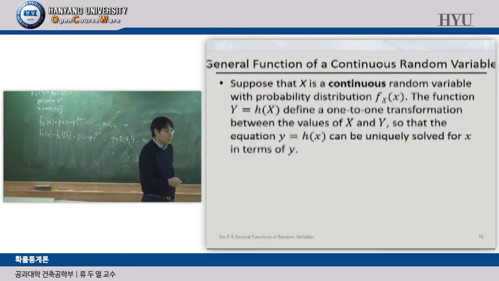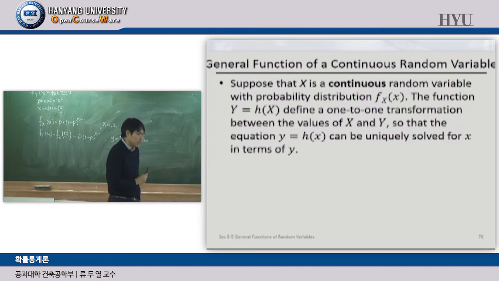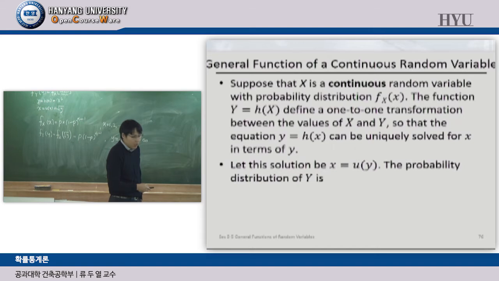So this is identical to the explanation in the previous discrete case, but the only difference is that the discrete random variable is changed to the continuous random variable. So let this solution be x equal to u(y), and the probability distribution of y is given by the following equation.